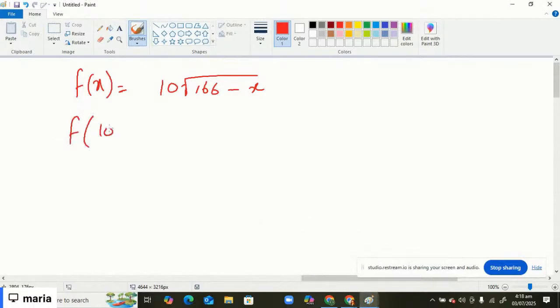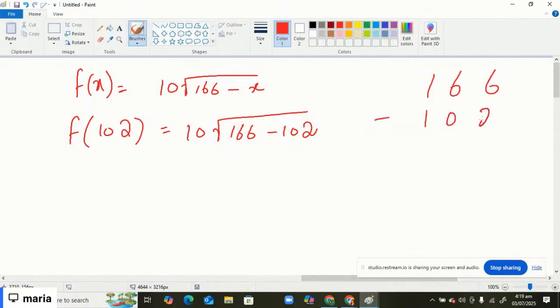Now let's do it. 10 into the square root of 166 minus 102. So I'm going to put it here: 166 minus 102, 64. Okay. Now 10 into the square root of 64.